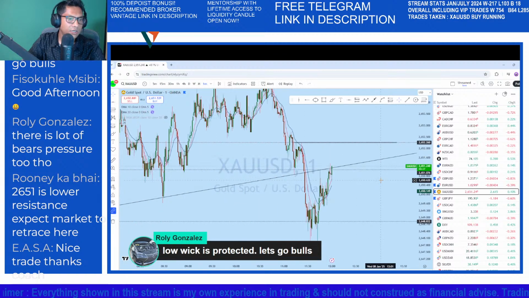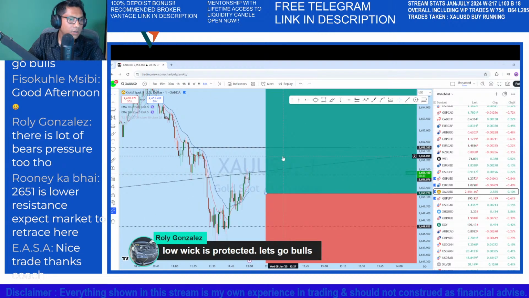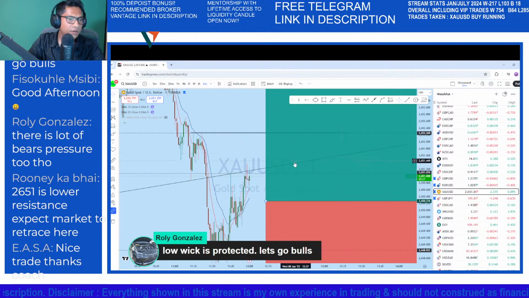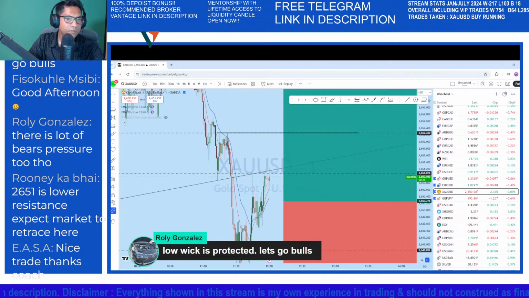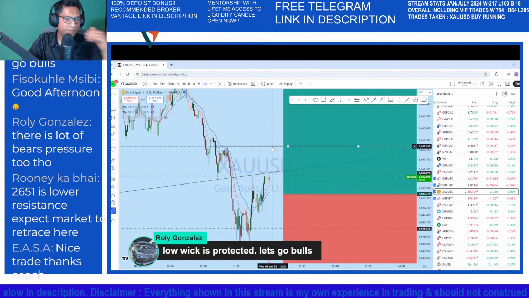So we see, okay, so we are on the go. A bullish candle is being formed so far, and that might lead potentially to the upside. We'll see that.